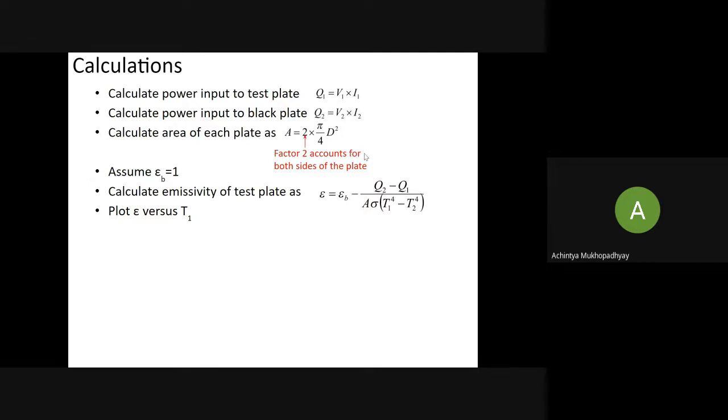So calculate the area of each plate, and as I said, here we assume epsilon b to be equal to 1. We do not know. It is certainly not 1, but it is very close to 1. It could be 0.95, it could be 0.99. That would make some difference.